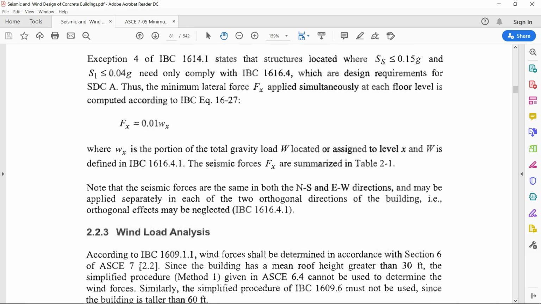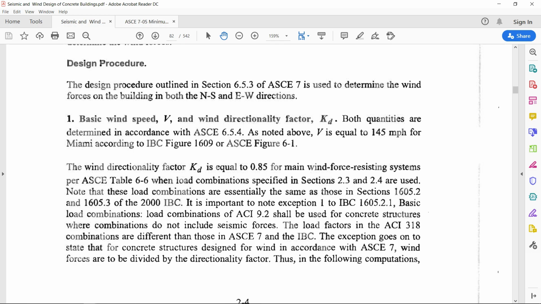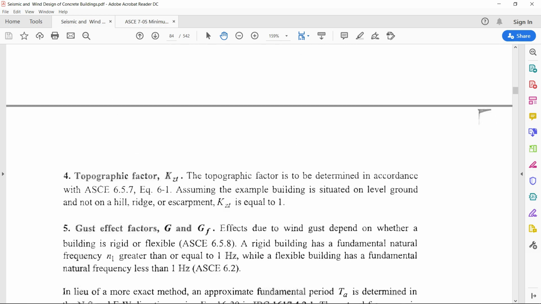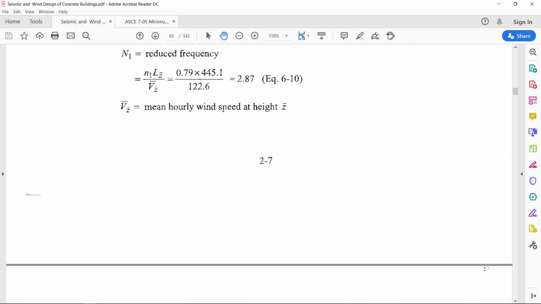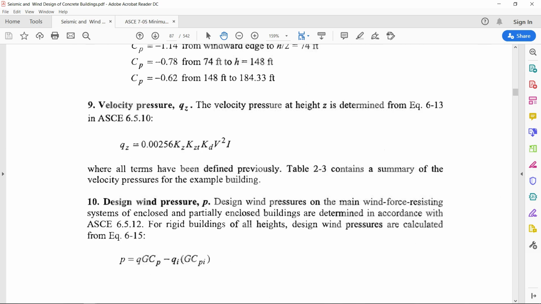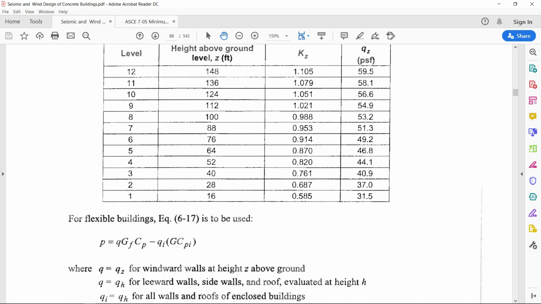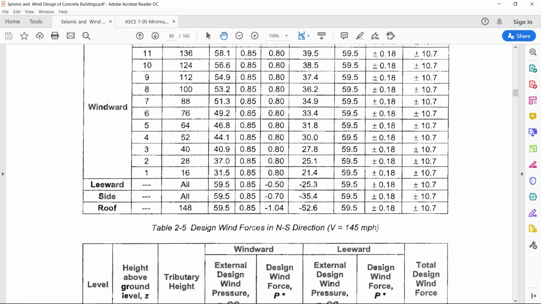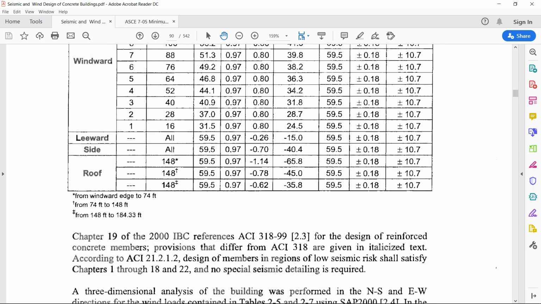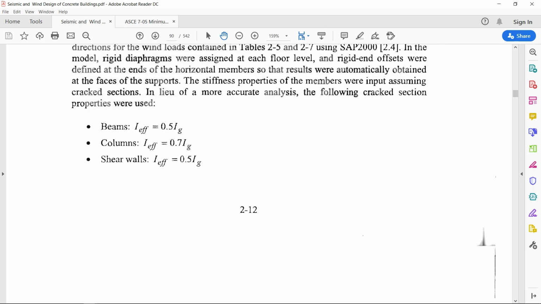So after analysis and defining these loads, of course I used reduced values of moment of inertia, and I use these parameters.